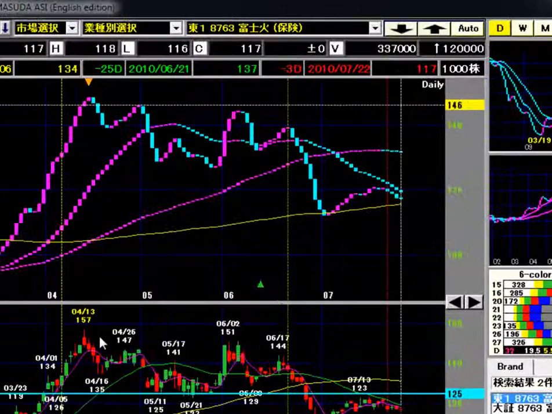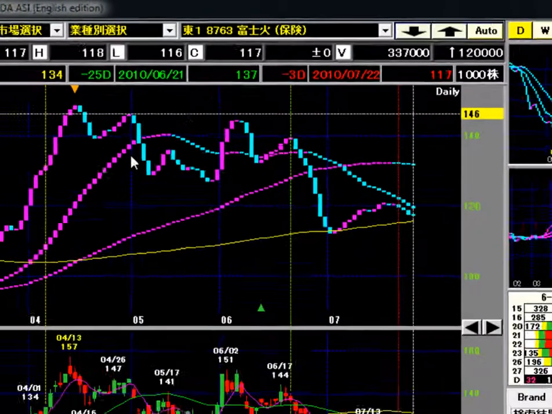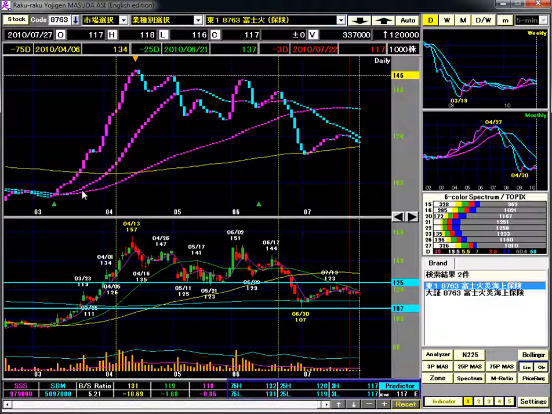The chart that you can see here is for the stock 8763, Fuji Kasai in Japanese, which means Fuji Fire and Marine. And there is another function within the Masuda Ashi chart system called the buy-sell navigator. This is in the full-powered Japanese version of the 4D Fun and Simple Masuda Ashi chart software.